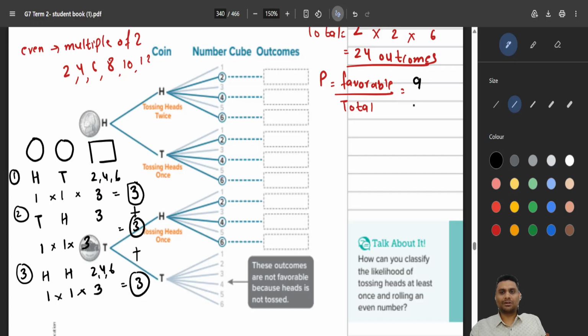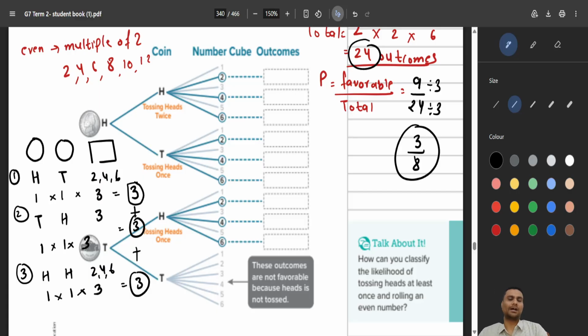So 9 favorable outcomes will give me at least one head. Divided by total outcomes, which were how many? 24. Can I simplify this? Yes, by dividing it by 3. 9 divided by 3, 3. 24 divided by 3, 8. So 3 over 8 is the answer.